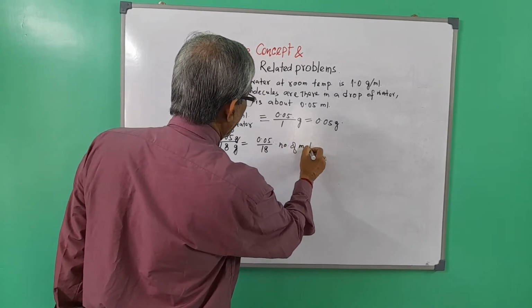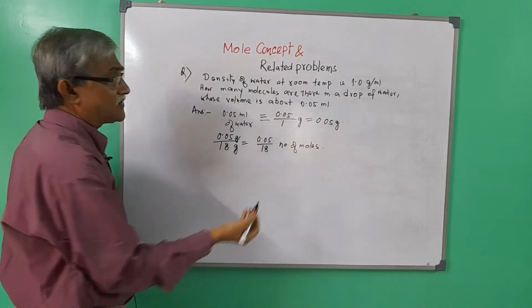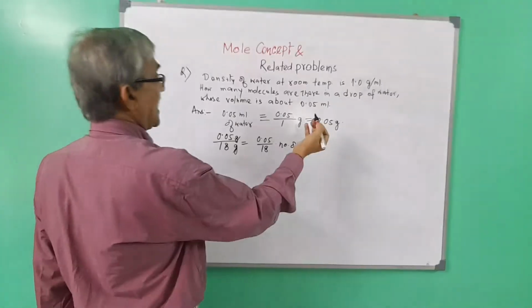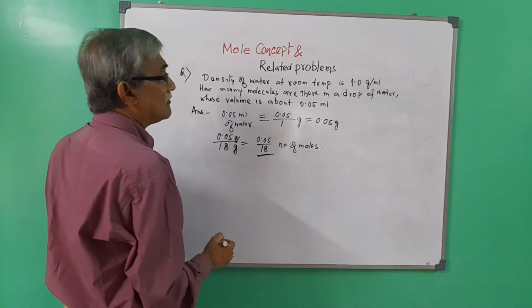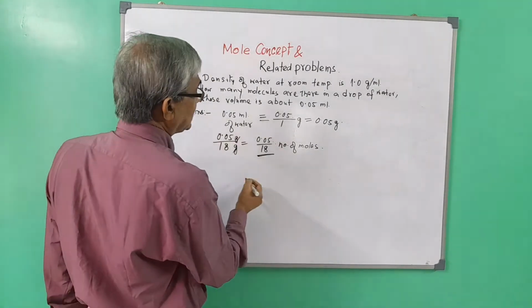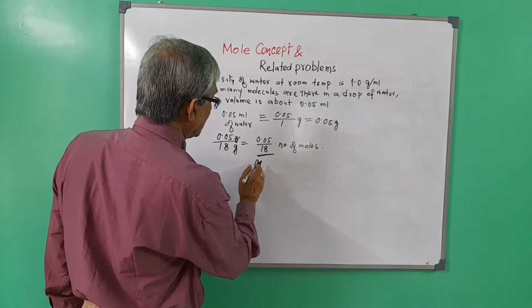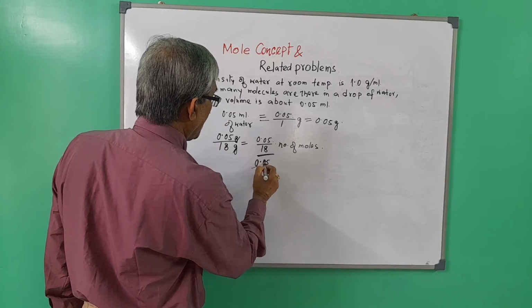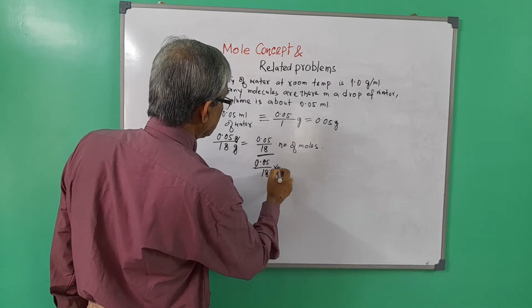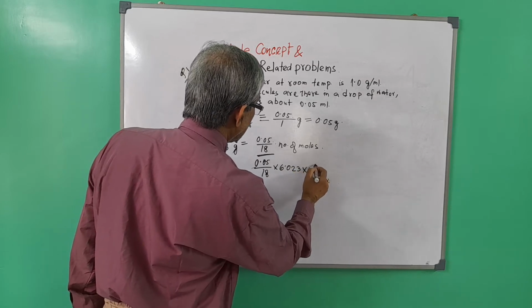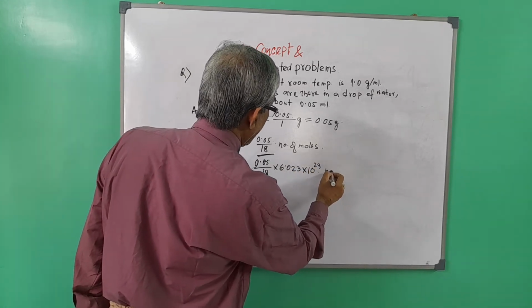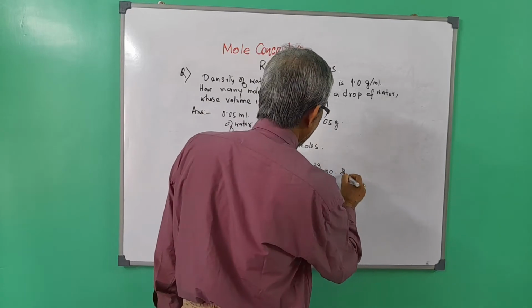Now, as you know, 1 mole of water has the Avogadro number of molecules. So what is the number of molecules in this number of moles? It will be 0.05 upon 18 into 6.023 into 10 to the power 23 water molecules.